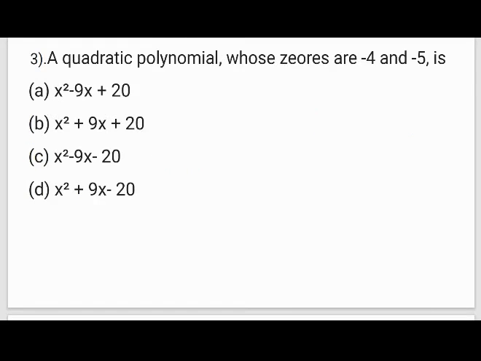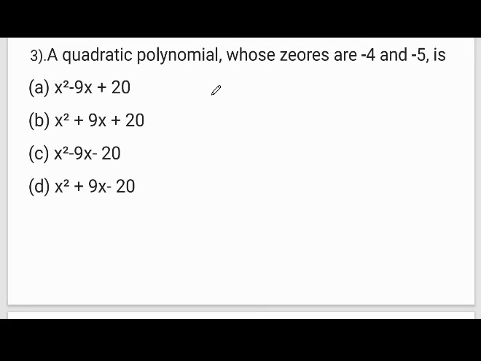Okay. Now the third question is, a quadratic polynomial whose zeros are minus 4 and minus 5 is. The options are A x square minus 9x plus 20, B x square plus 9x plus 20, C x square minus 9x minus 20, D x square plus 9x minus 20. But we have the formula to find the equation.